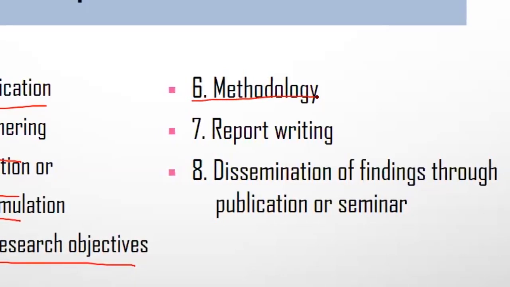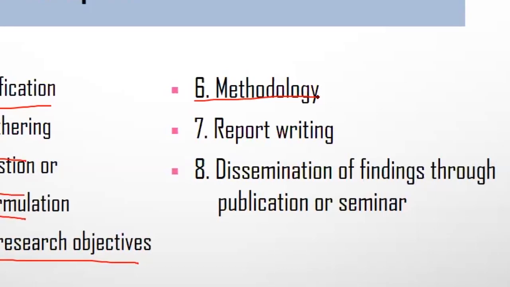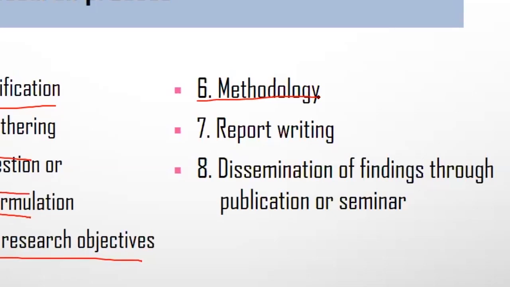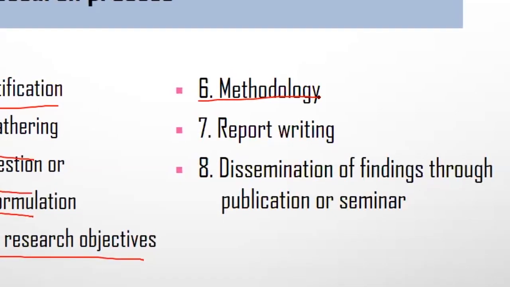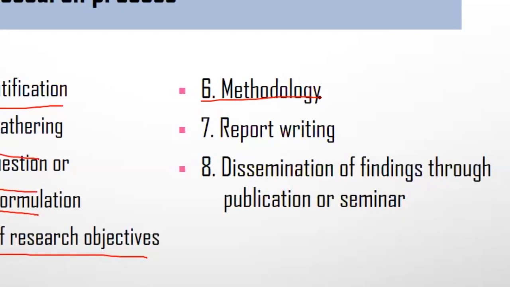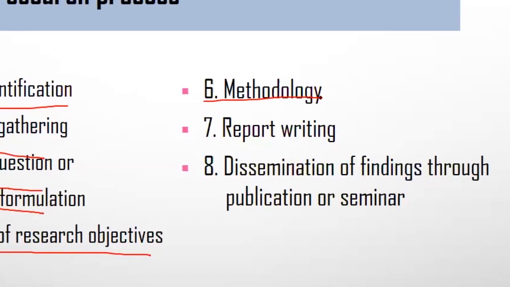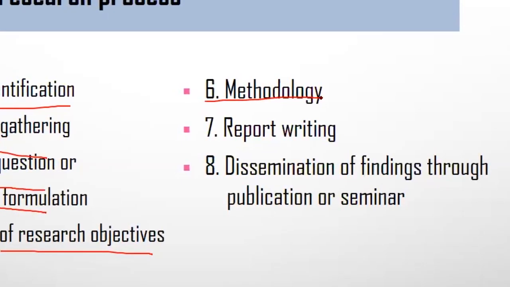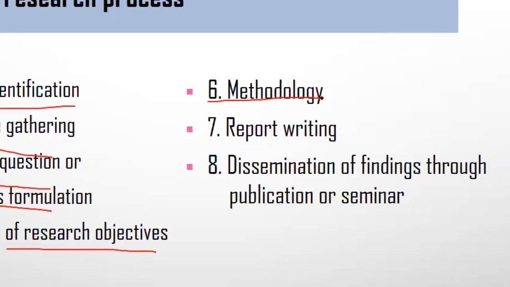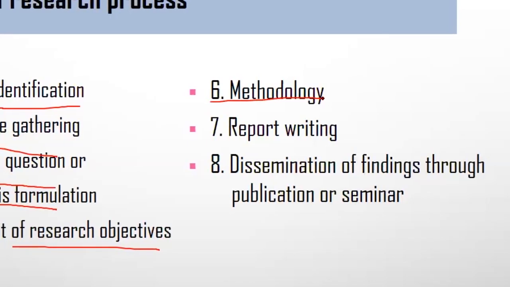It is another important step in research, which is also called the planning of research. And these steps of methodology include the selection of study place, selection of study population, sampling technique, determination of sample size, data collection method, analysis and interpretation. All this information should be included in the methodology section.